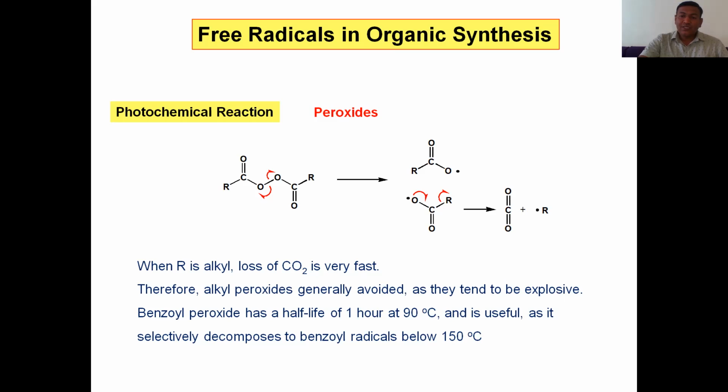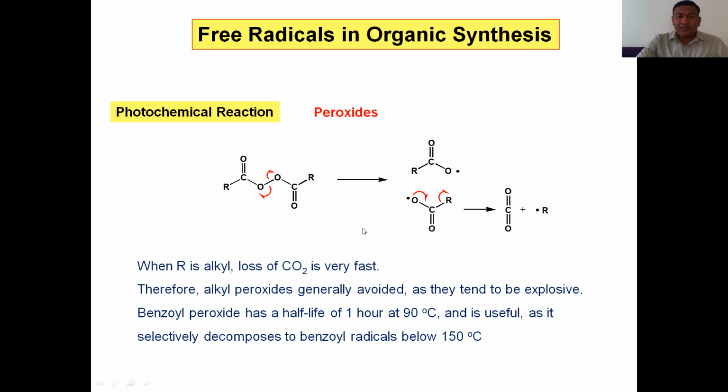So what we have to do is, rather than alkyl, take an aromatic type of substituent. Generally benzoyl peroxide is used for this generation, because benzoyl peroxide has a half life of 1 hour at 90 degrees centigrade, and it is very useful as it selectively decomposes to benzoyl radicals below 150 degrees centigrade. After 150 degrees centigrade again it is dangerous, or not useful, we can say.